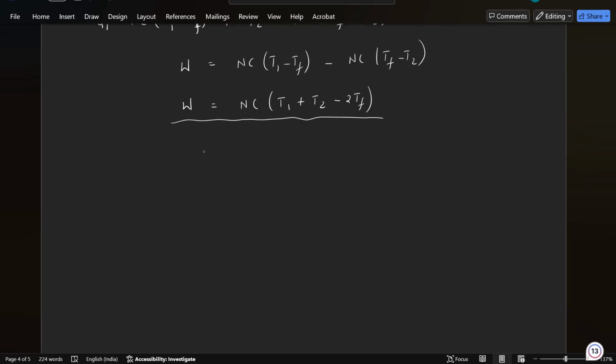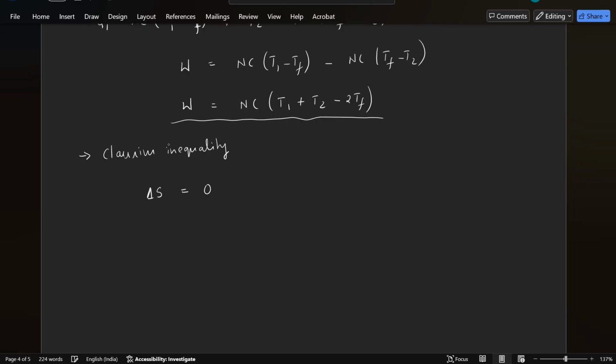Something we used previously in one of the questions. Again, use the Clausius inequality, okay? They say that for a reversible process, delta S is going to be equal to 0, right?